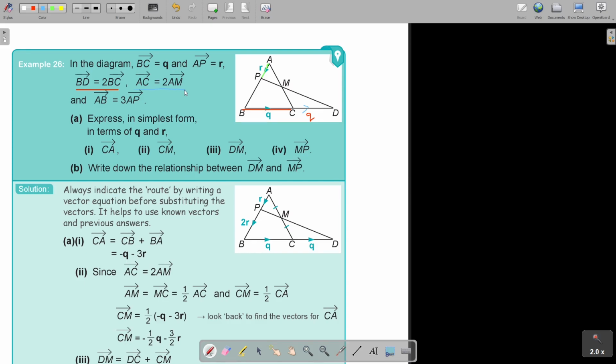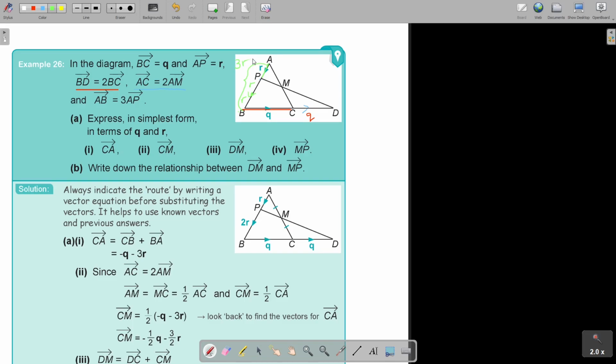So this is R, and AP is 3 R's. It means this is R, but in total, in this direction, it will be 3 R's. I think I showed you there. Do you see that?